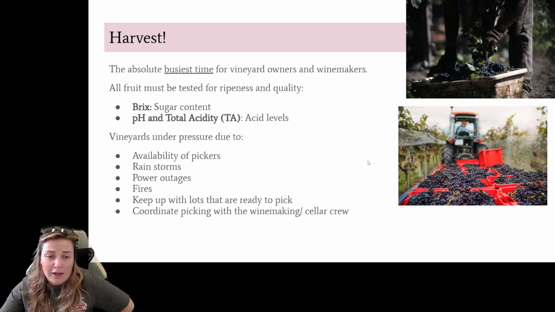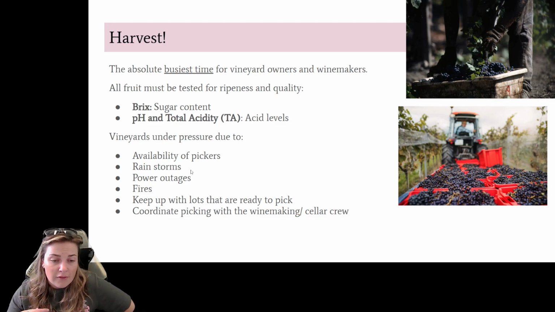So, like, availability of pickers is a huge problem. We typically have a lot of Mexican work groups that will sign up for multiple vineyards at a time, and they get booked up very quickly. So availability of pickers and workers. We could have rainstorms if we have an early winter come in. We don't want rain on the fruit.